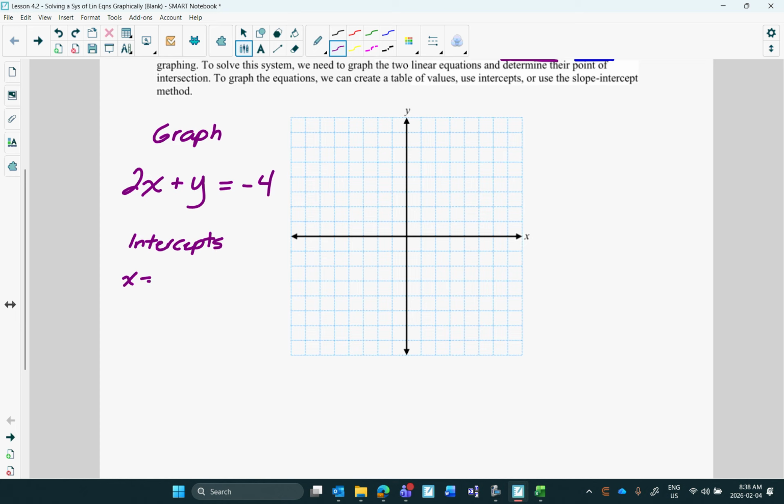So I want to find, where does this line cross the x-axis? Do you remember how to find the x-intercept of an equation? Make y equals 0 and figure out what x is. Okay? So we get 2x plus 0, we replace y with 0, equals -4.